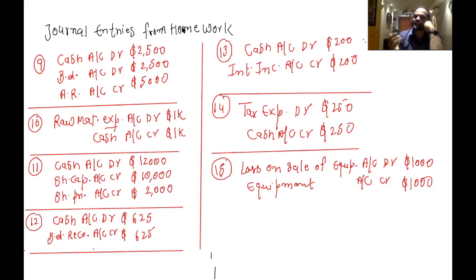Sometimes you get some tax back from the government. This is called tax refund, which is your income, so it will be credited. So like salary expense, rent expense, wages expense, interest expense, tax expense. So, any other question?